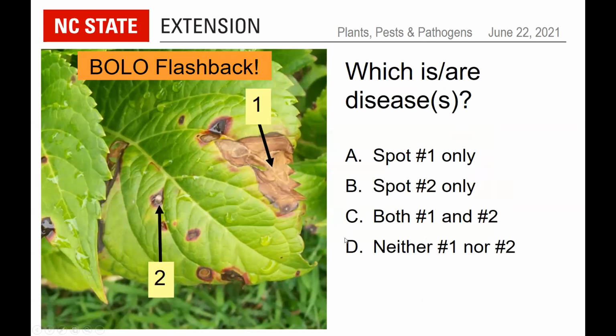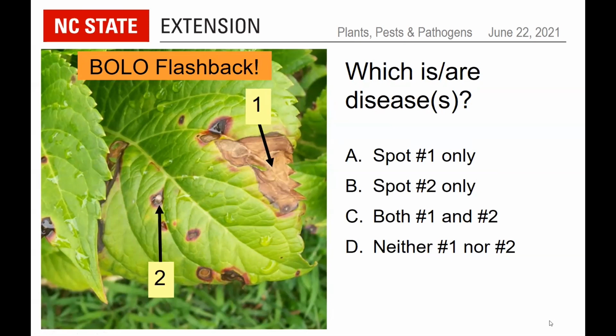And I want to start out with a bolo flashback here. I think it was 2 years ago that I presented this slide. So let's do a quick poll here of these two spots on a big leaf hydrangea.